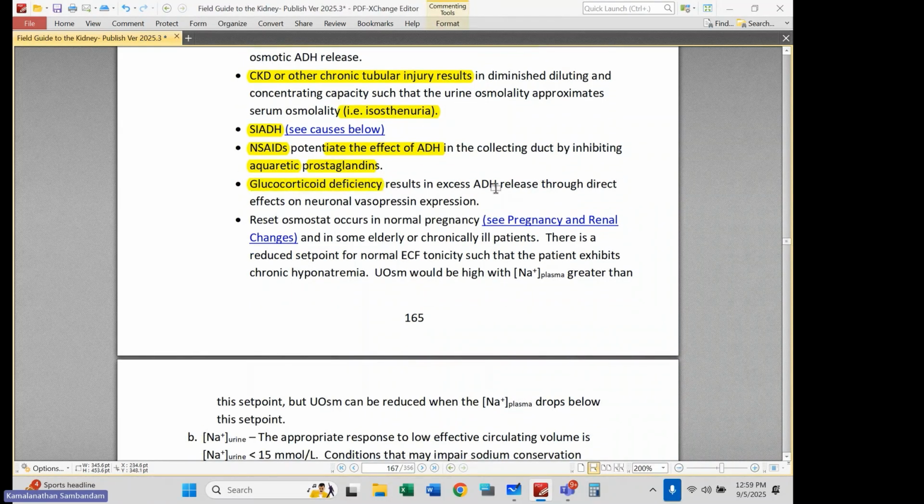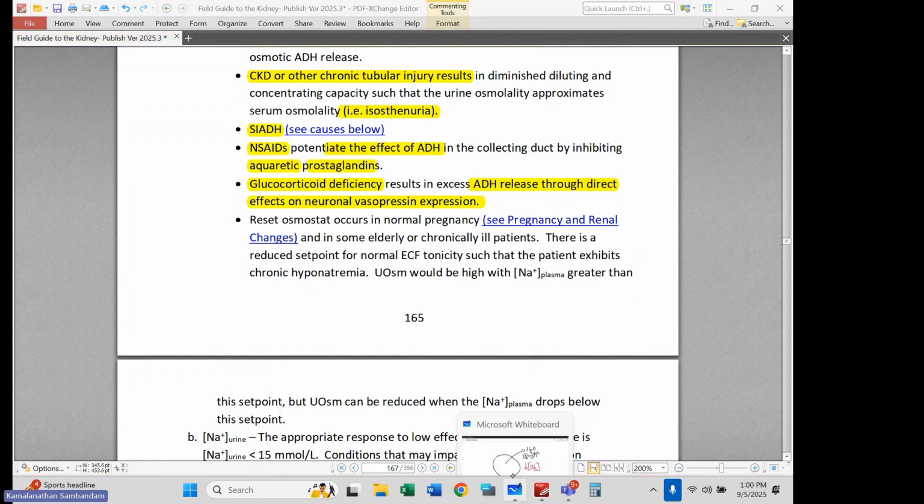Glucocorticoid deficiency also increases vasopressin activity or vasopressin release. We talked about that as well. Corticotropin releasing hormone is also a vasopressin secretagogue.